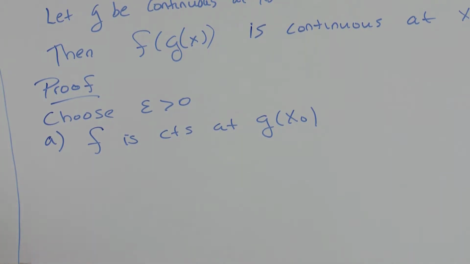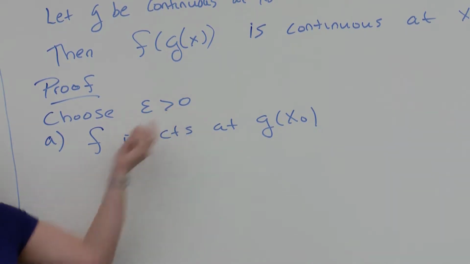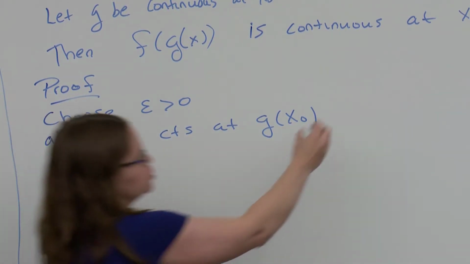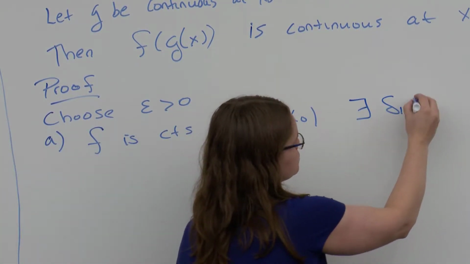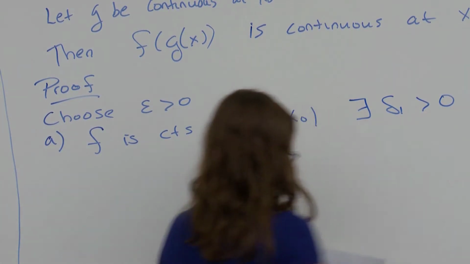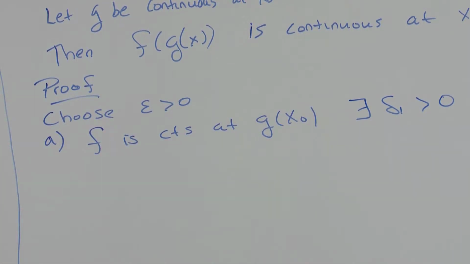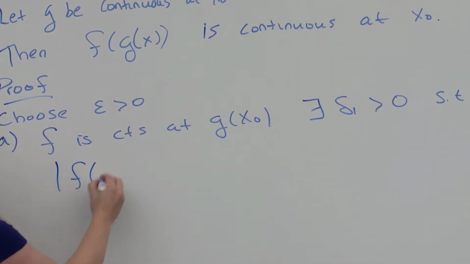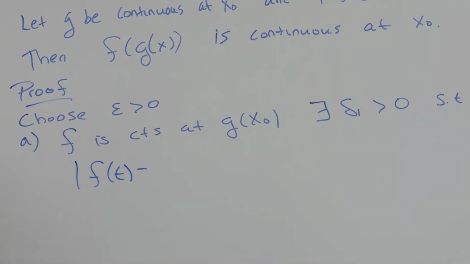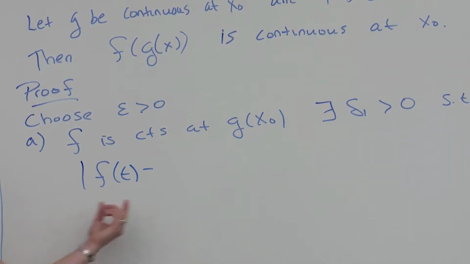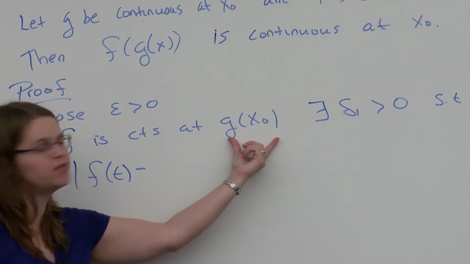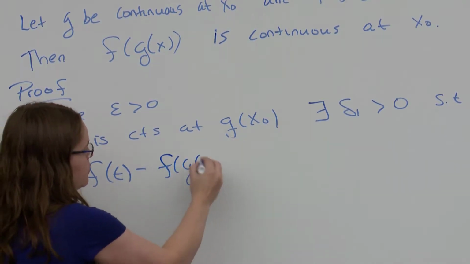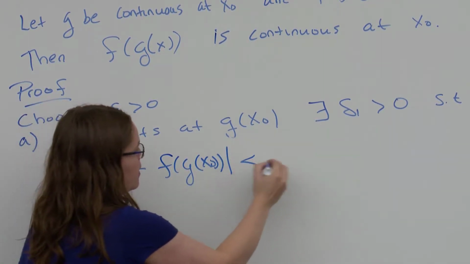That means that for every epsilon greater than 0, say this epsilon, I can find some value of delta, I'm going to call it delta 1, such that f of t minus, so the value of the function at a generic point minus the value of the function evaluated at this point where we're checking continuity, so minus f of g of x naught, can always be made less than epsilon.